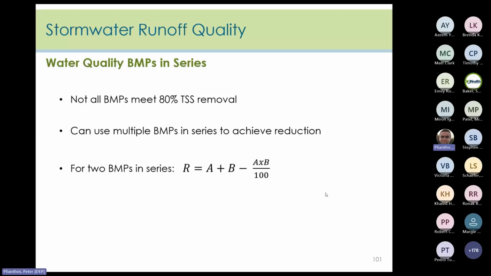Also, some jurisdictions may require a higher removal rate as well. So the equation in bullet 3 can be used to determine the total TSS removal rate, with R being the total rate, A being the rate of the first BMP, and B being the rate of the second BMP.